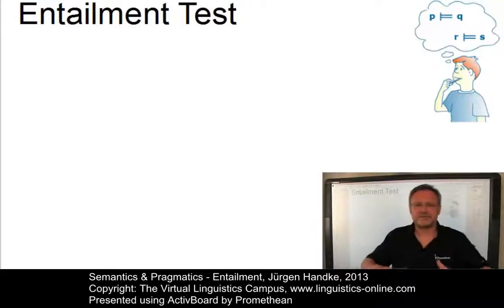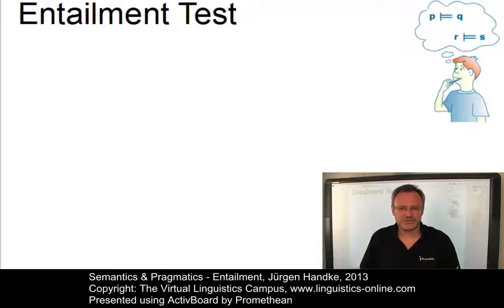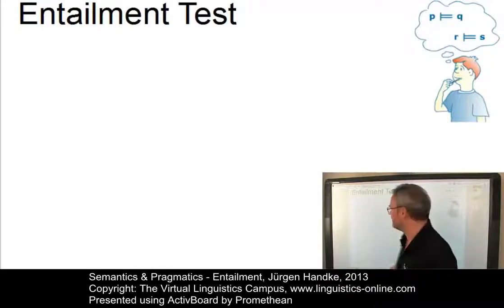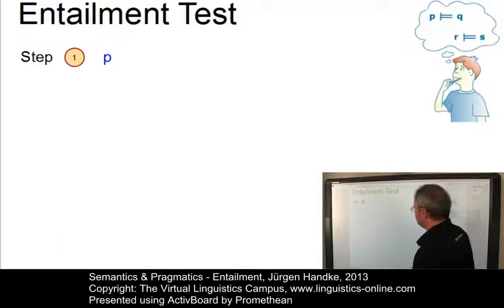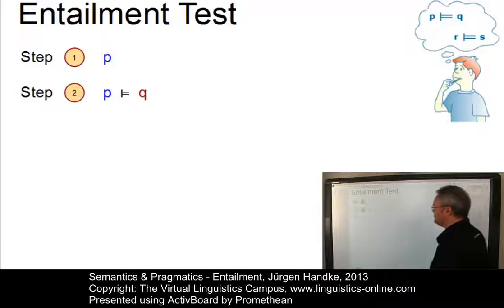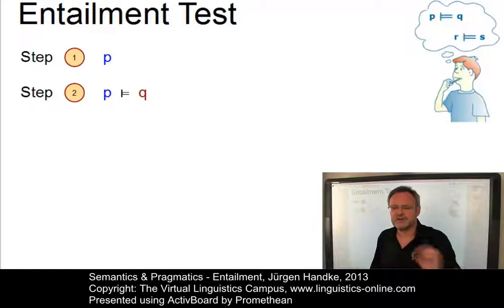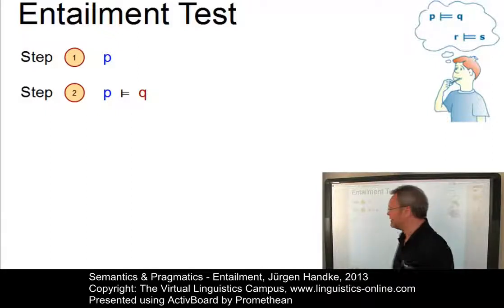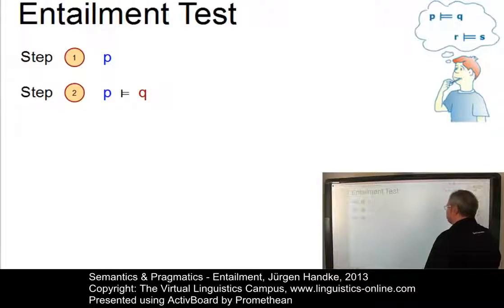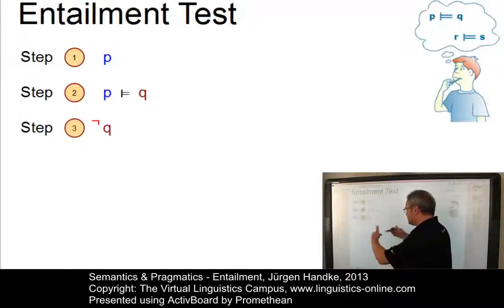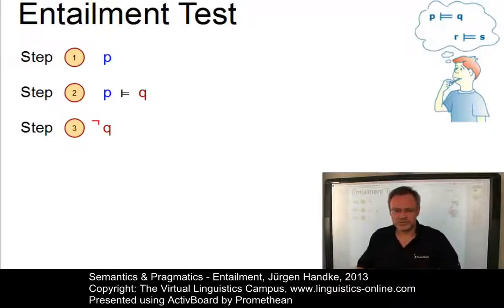Let us illustrate the entailment test, which is also sometimes referred to as negation test, on the basis of a number of steps. This is how it works theoretically. Take any proposition P, that's step 1. Step 2, assume any proposition Q to be entailed by P. Then make Q, the proposition which you assume to be entailed by P, make that proposition negative.